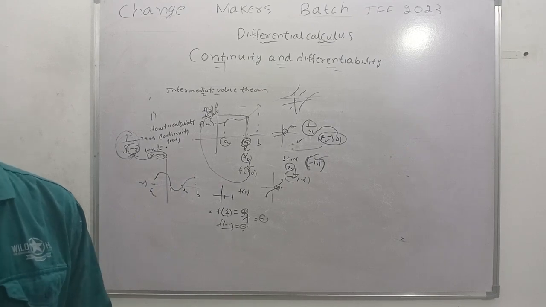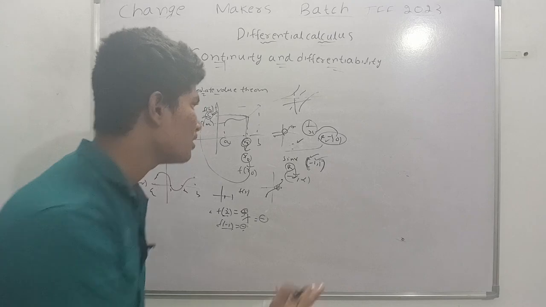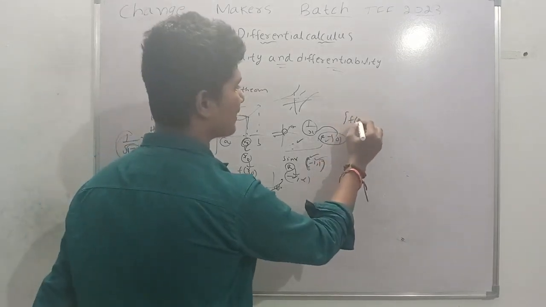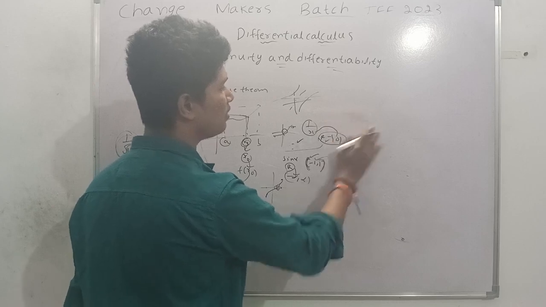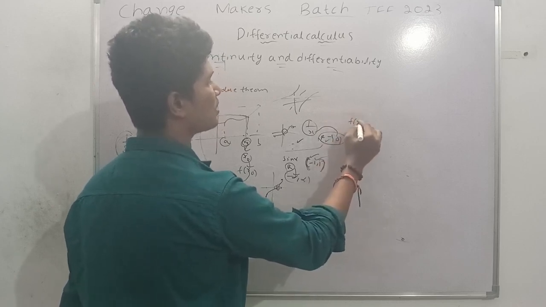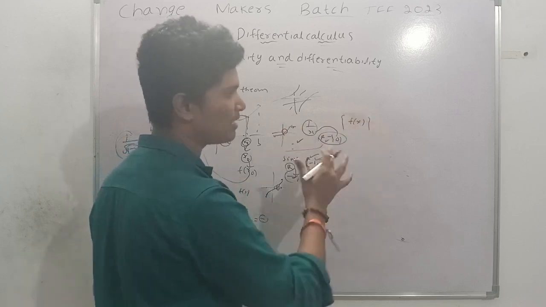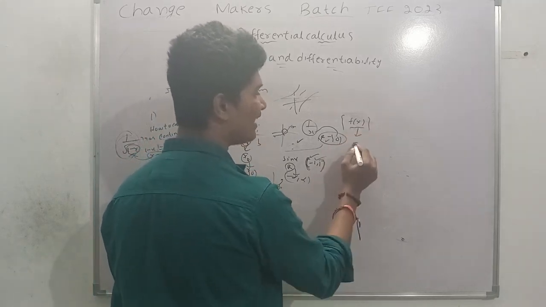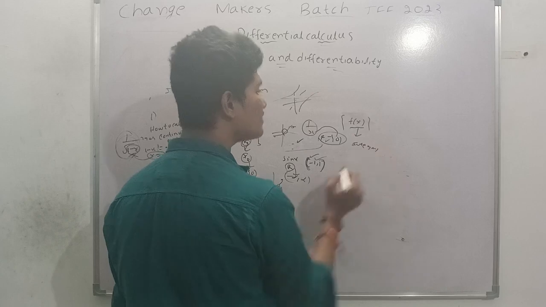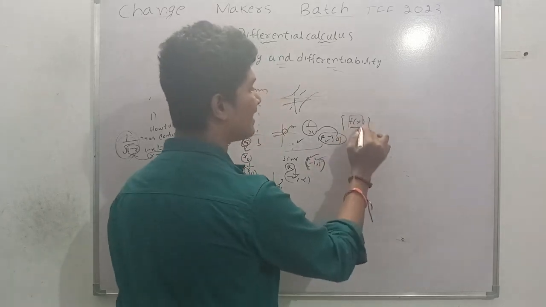And also, suppose there is a fractional part of a function f of x. This fractional part will break at integers. So you have to check at what points f of x is getting integers.